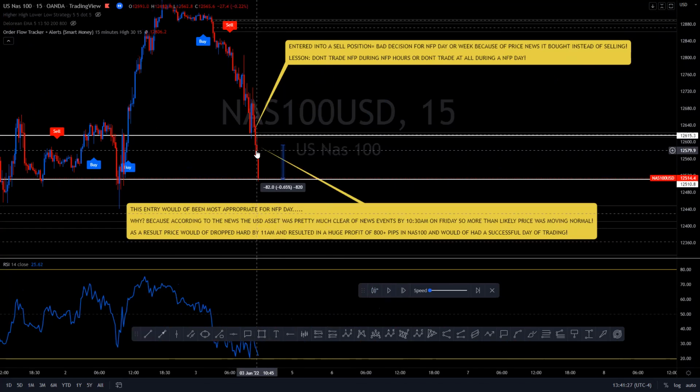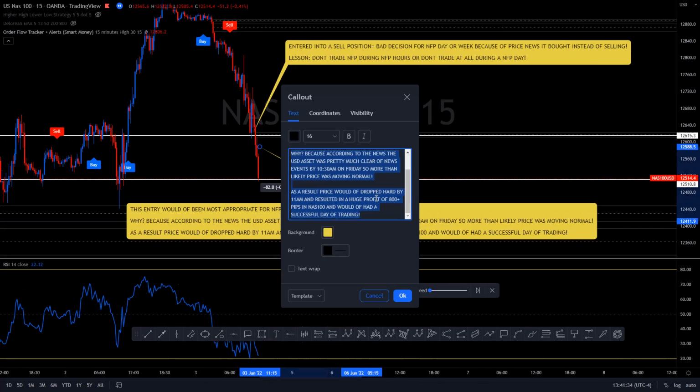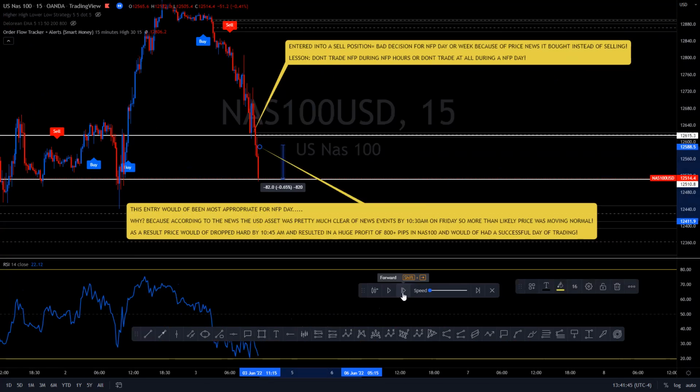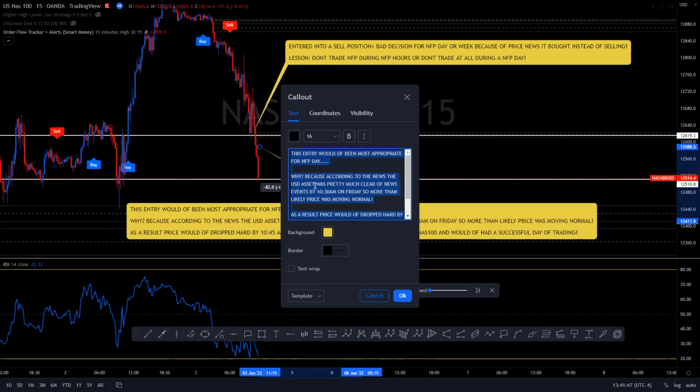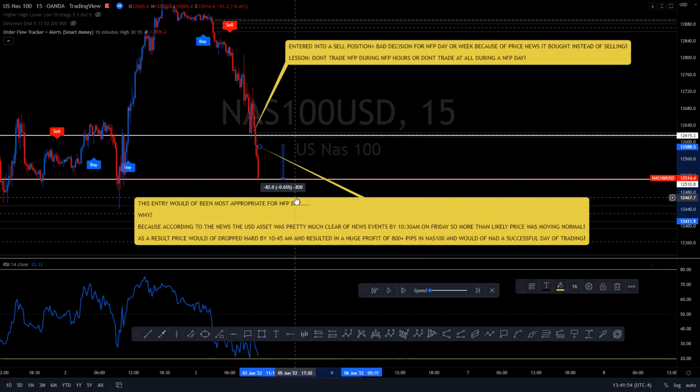So this was, matter of fact, I need to change this to 10:45 a.m. All right. Let me space this a little bit wide. There we go. So at 10:45, we had entered in on this sell. Waited for the price to come down and close below, we would have a perfect sell here.